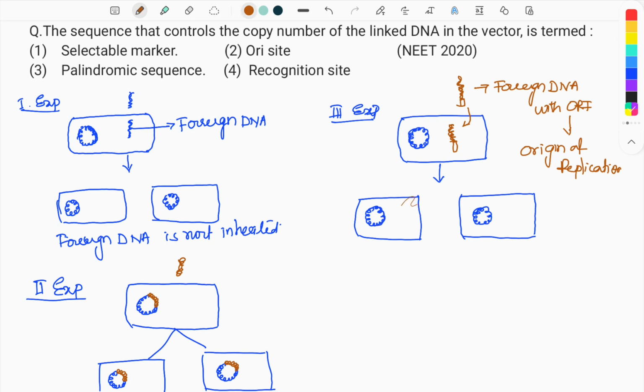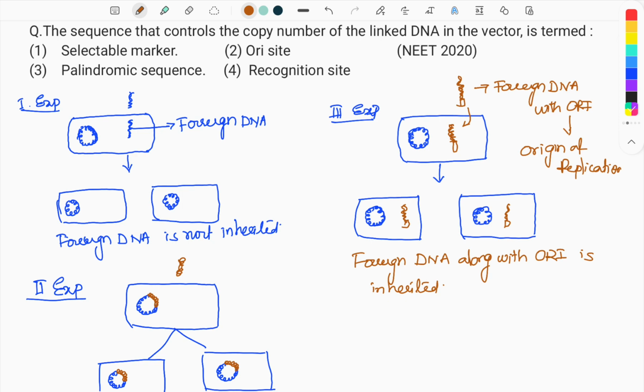Yes, here also the foreign DNA along with ORI, that is origin of replication, is inherited. That is the case here.